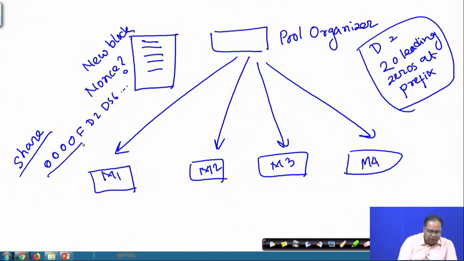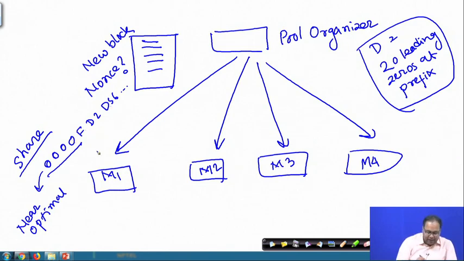Here I do not have 20 leading zeros. This is in hex, so these 4 zeros signify 16 leading zeros. We call this kind of hash a near optimal hash. This near optimal hash shows that this particular block is not the optimal one that is intended, but this particular miner is close to optimal.